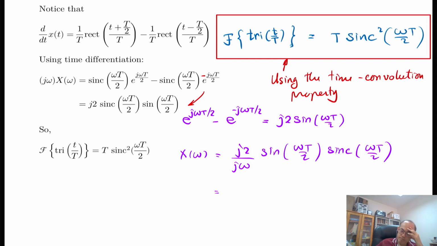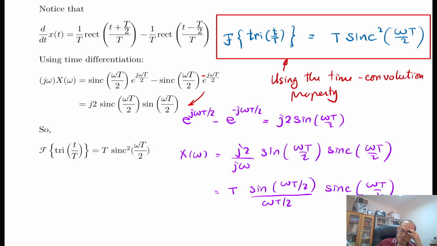And then I multiply by T and divide by omega T over 2, so T sine of omega T over 2 divided by omega T over 2, and sinc of omega T over 2.